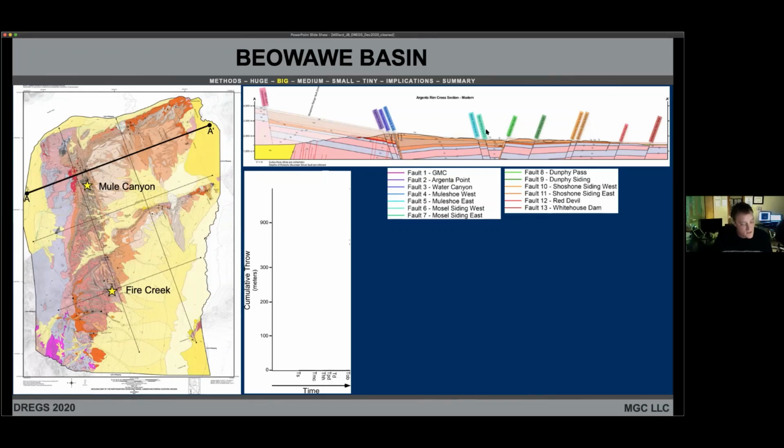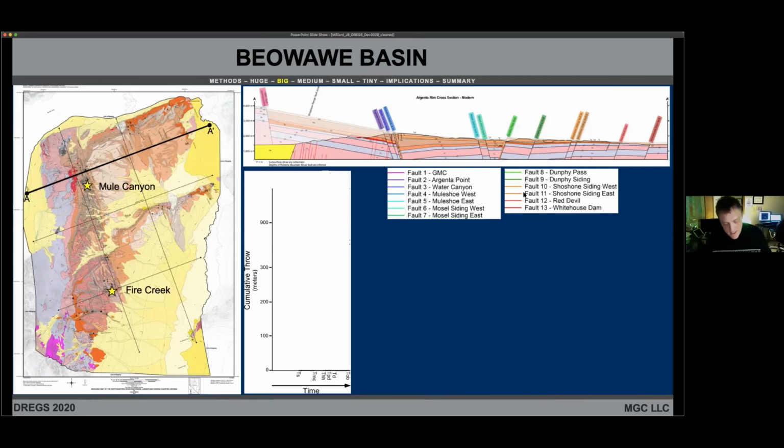We used kinematic modeling, so modeling of the basin through time through a software package called Midland Valley's Move software. And I think the company name has changed, but the software is the same. What we've done is taken the 13 major basin forming faults across this cross section, going from pink to red, west to east, numbered here.